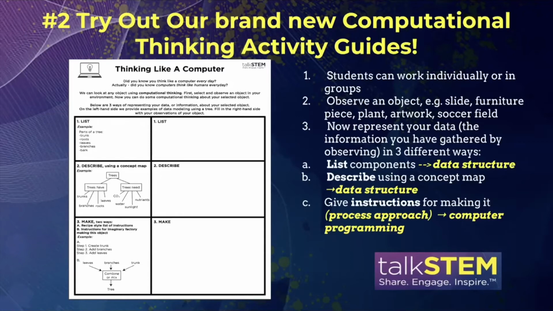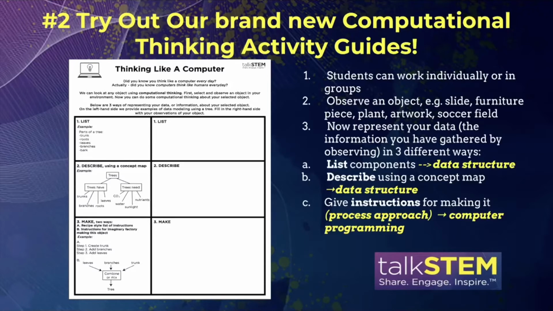Or of course, they could work on this individually. If they're in class, you could have them look at objects on the school campus and basically list, concept map, which are 2 ways of representing the data that are analogous to data structures.